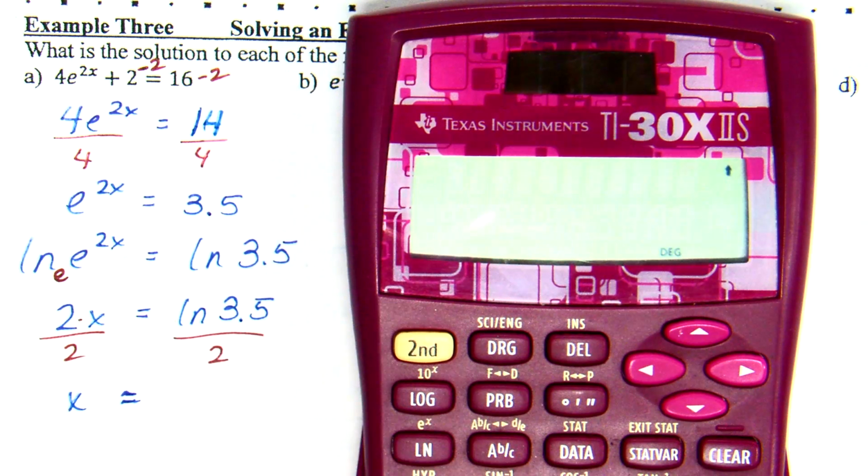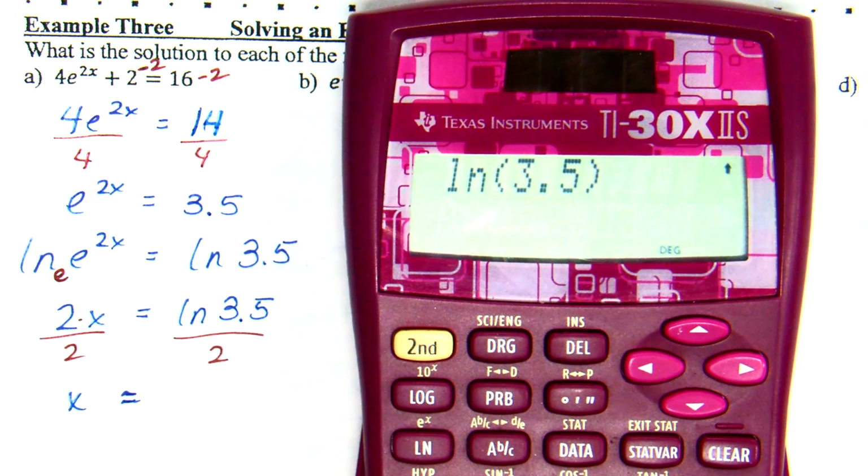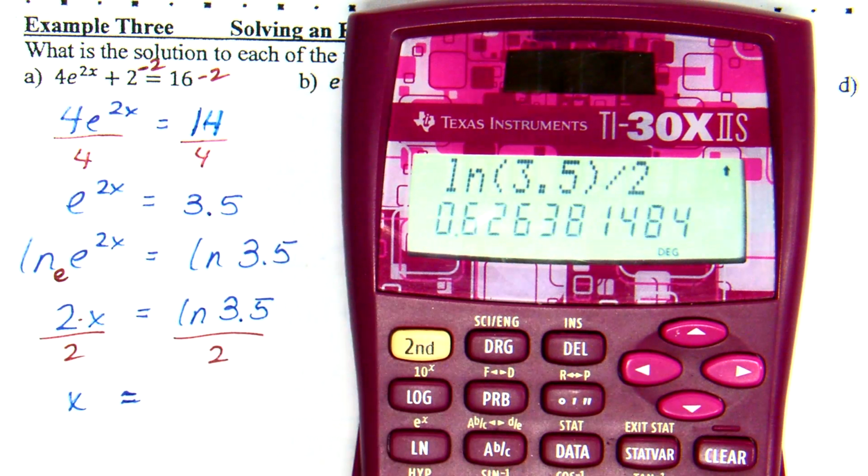Not that this one is exceptionally difficult, but natural log 3.5. You can hit equals, then divide by 2, or on my calculator I can just hit divide by 2. There's the answer you're aiming for. Directions say round to the nearest thousandth, so we're looking for 3 decimal places. 0.626.